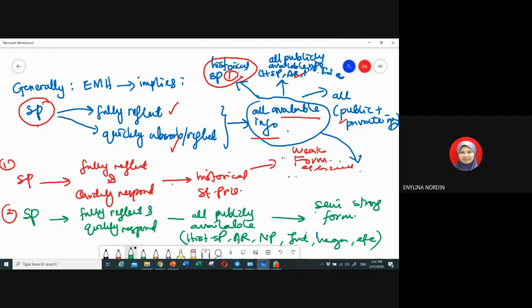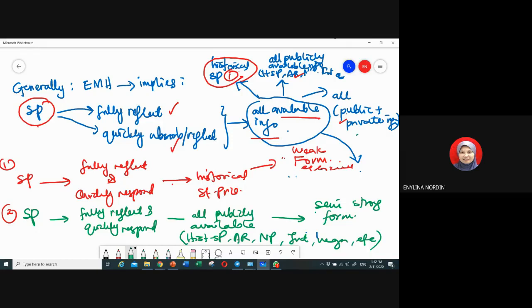Okay, what happens if the stock's price reflects all information? That means all available information. This available information is referring to public and private.